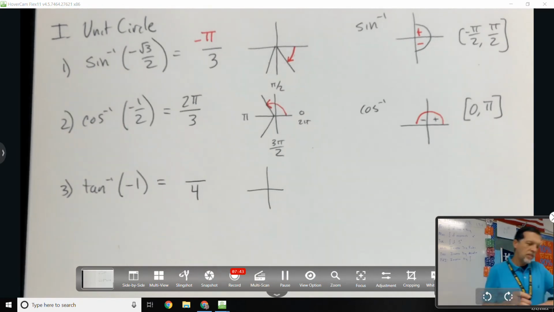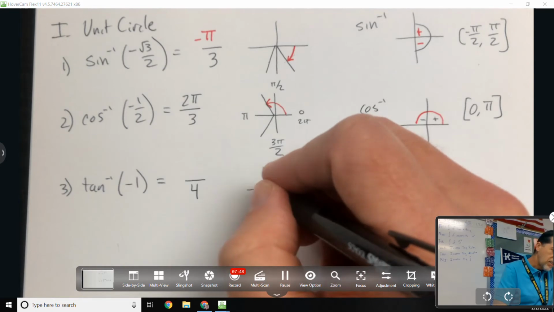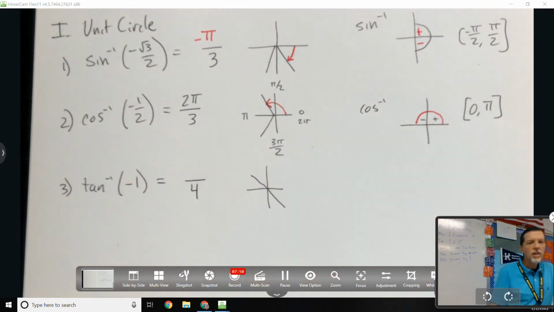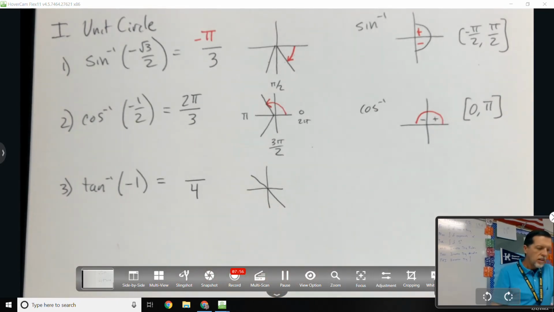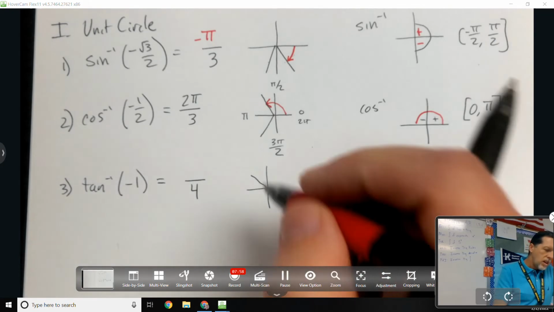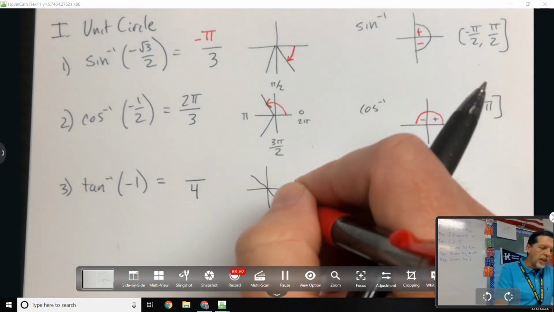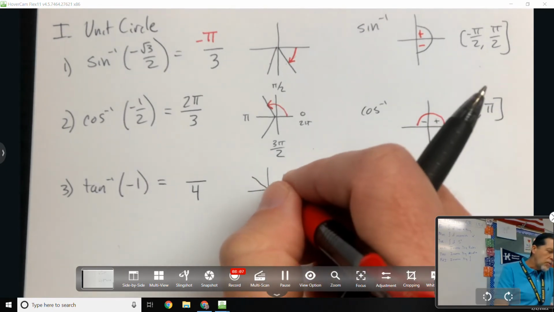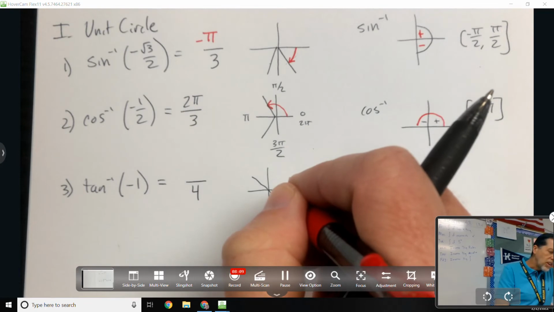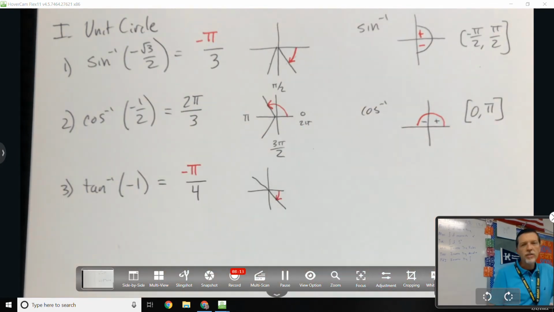And tangent is negative in the second and fourth, because in the third, sine and cosine are both negative, so the ratio becomes positive. Well, here I guess you could argue that this one's negative, but it's closer. The other one's farther, but it's positive. For inverse tangent, you still want the shortest way there. So negative pi over 4.